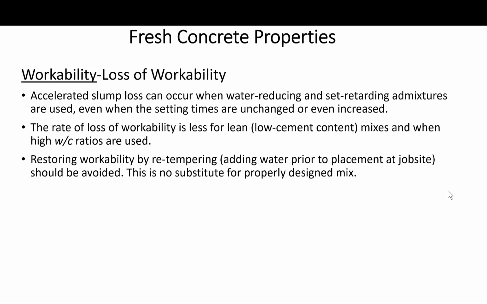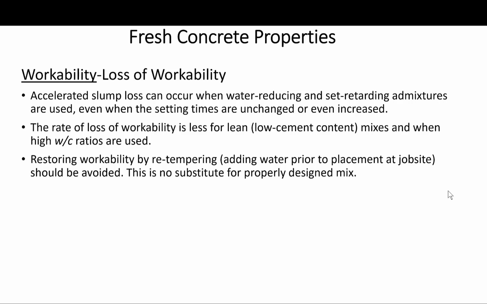Okay, so the accelerated slump loss can occur when water reducing and set retardant admixtures are used, even when the setting times are unchanged or even increased. You keep that in mind. So the rate of loss of workability is less for lean mixes.